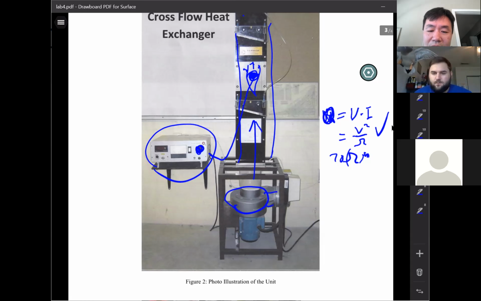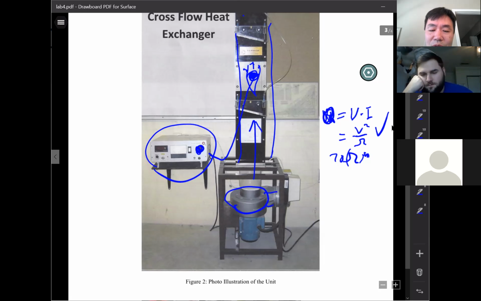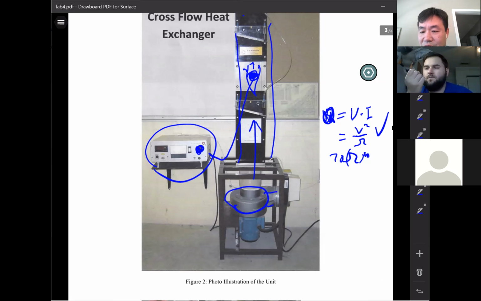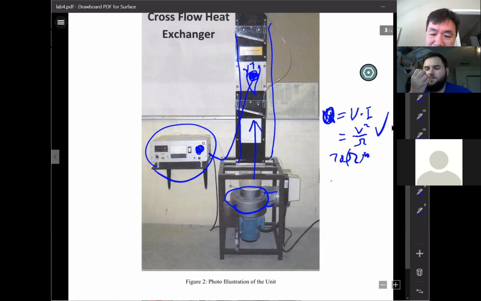So think about it. The surface is hot, right? So when the wind blows on it, it will carry the heat away, and the surface temperature will be cooled down a little bit because of convection heat transfer. How about the heat transfer rate from the surface to the air?